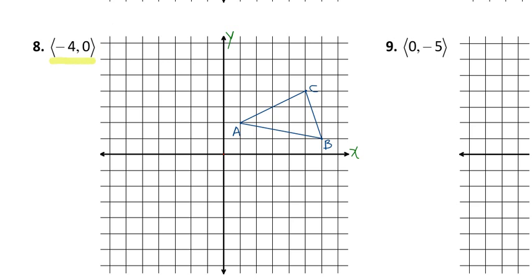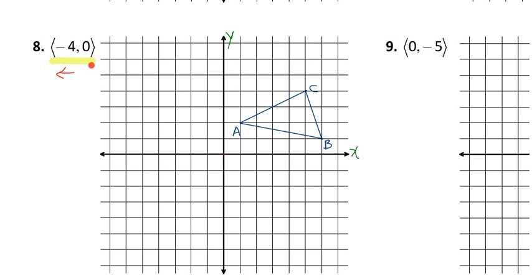So the first number is telling us right or left. In this case it is left because it's negative, so -4 means 4 units to the left, and then the other number is 0, so that means the vertical movement is not going to be done.